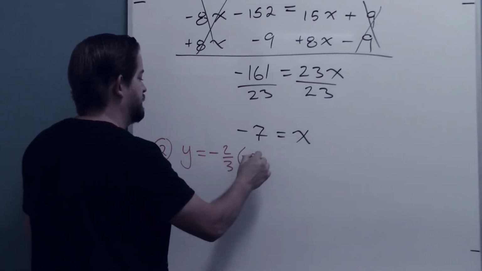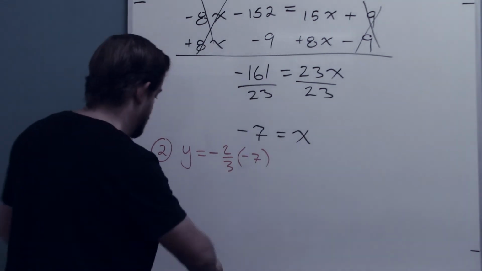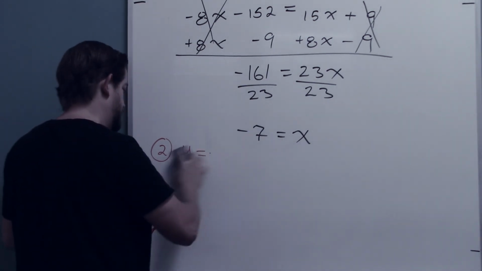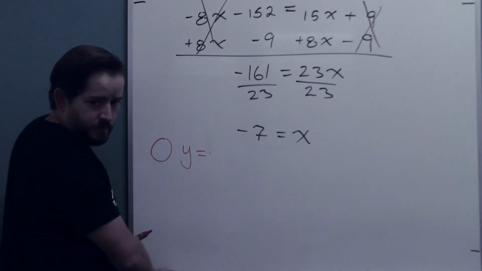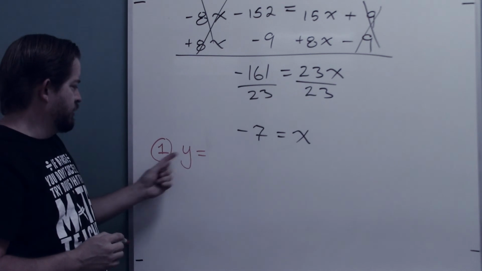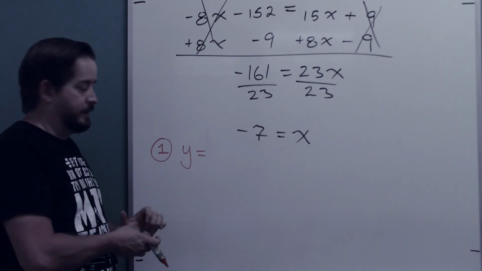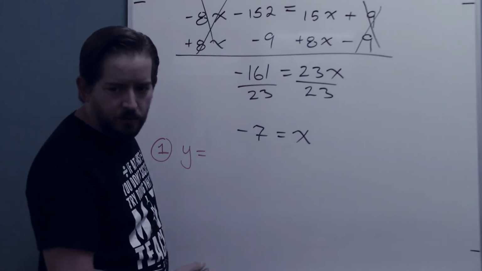X is negative 7. Oh, I chose the wrong one. Back that up. I want equation 1. Again, I'm choosing equation 1 simply because there's a 38 over 3 in the second one, and I don't like that. So I could do it, I just don't want to.